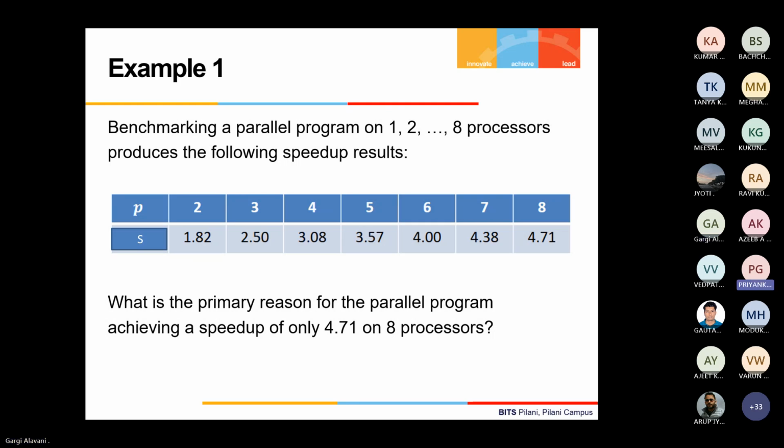Do we calculate for just the P value of 8, or for all of them? For all of them: P is equal to 2, 3, 4, 5, 6, 7, 8.